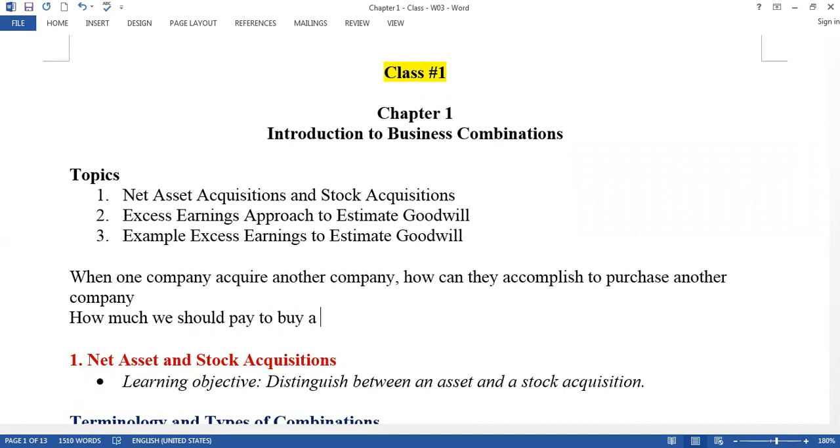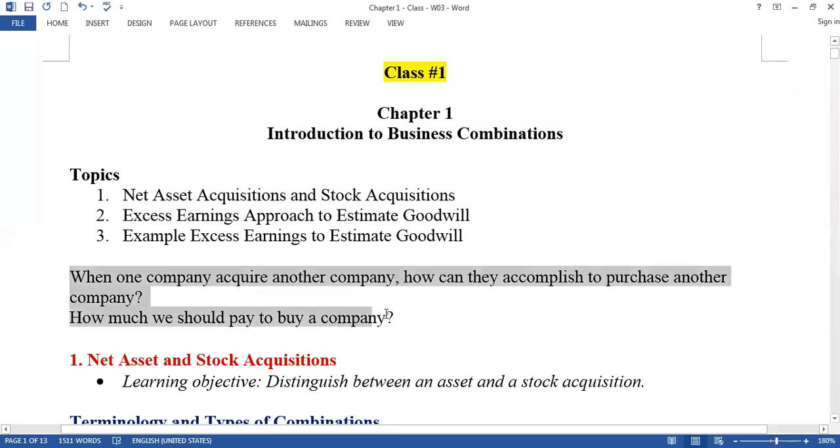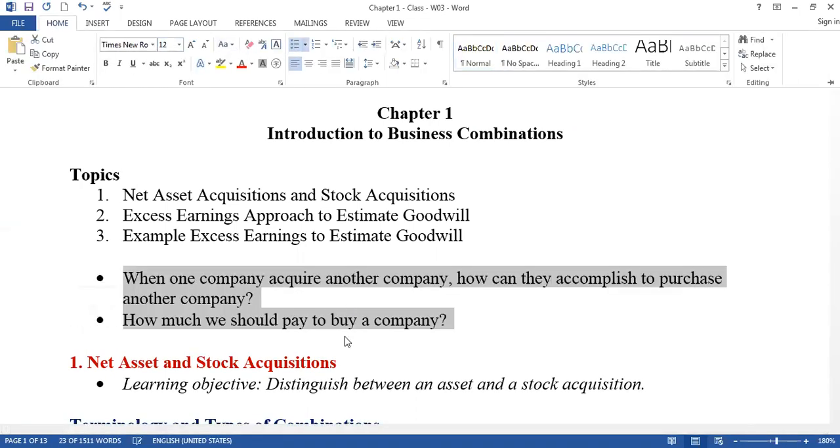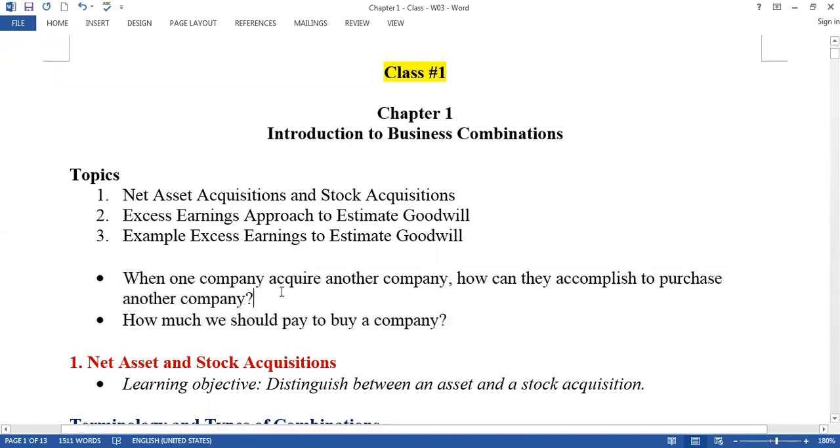So these are the learning objectives of today's class. I repeat again: when one company acquires another company, how can they accomplish this kind of transaction? And second, we are going to learn how much we should pay to buy a company.